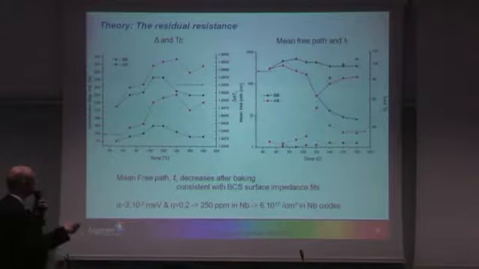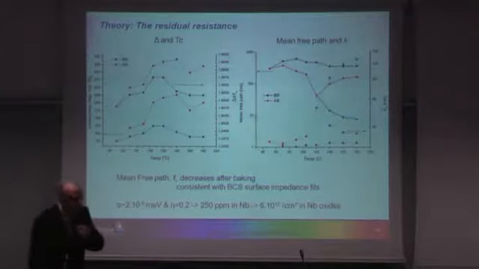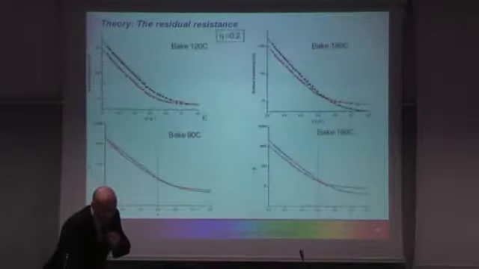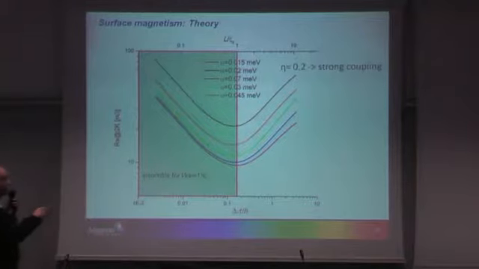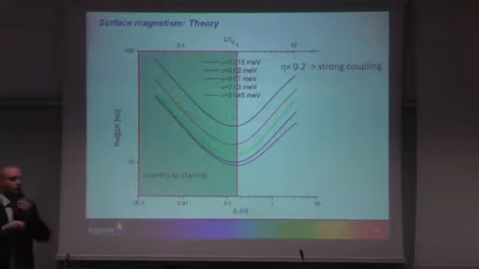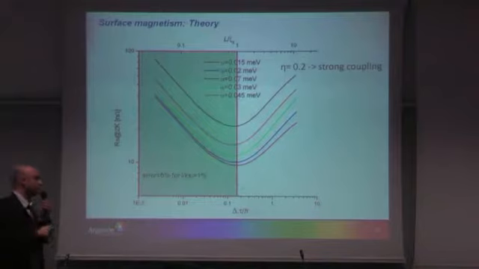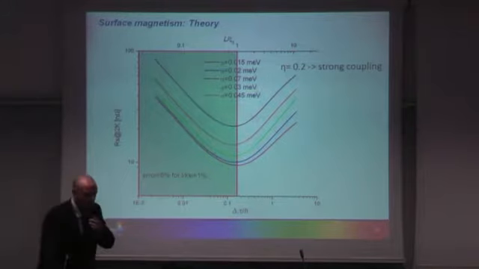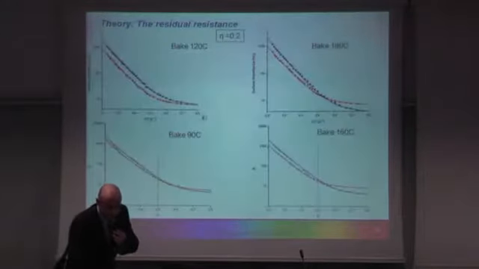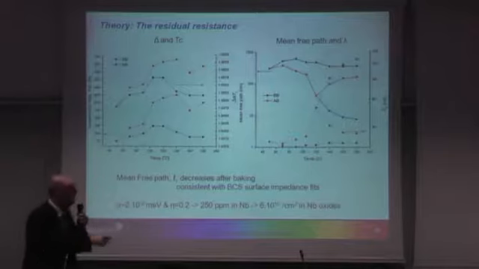We can also plot the mean free path and lambda as a function of the temperature. So here, this is not correct because this is on the right part of this minimum. But it's just to say that on the previous graph, there are two values of the surface resistance that give equally good fits for two different mean free paths, one on the clean limit, one on the dirty limit side.